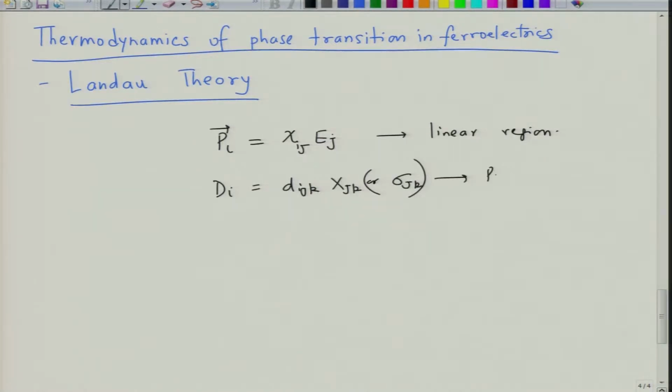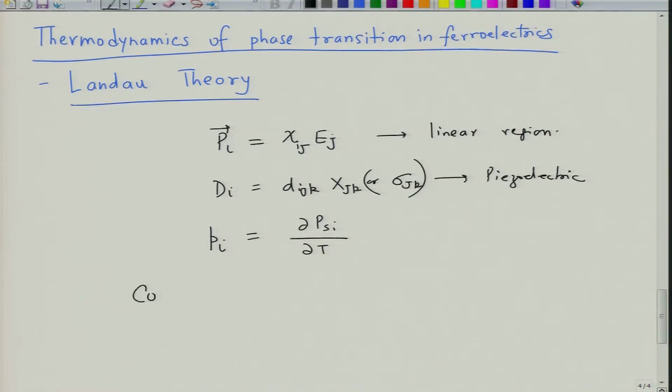So, this is the piezoelectric effect that we have seen. And then similarly we also saw the pyroelectric coefficient, that is, the change in spontaneous polarization as a function of temperature gives you the pyroelectric coefficient. So, there are many couplings like this.